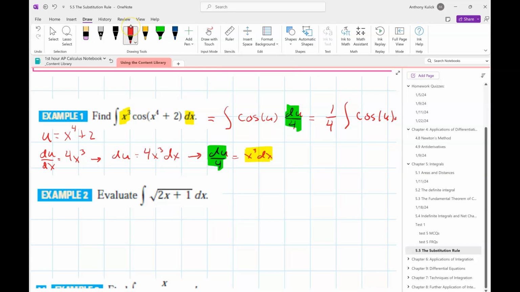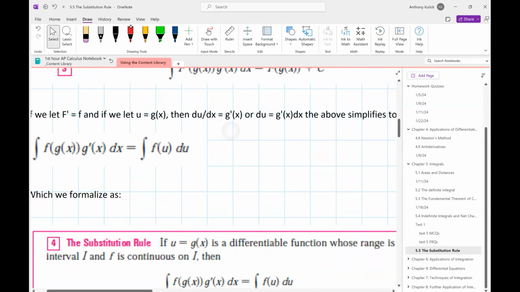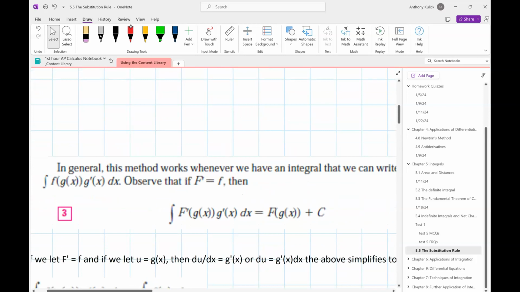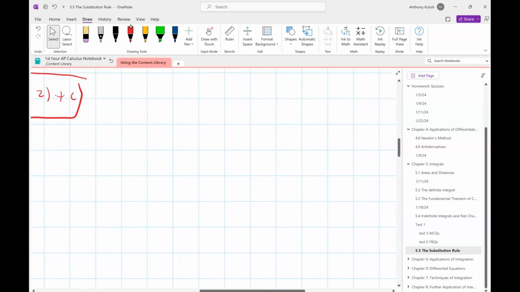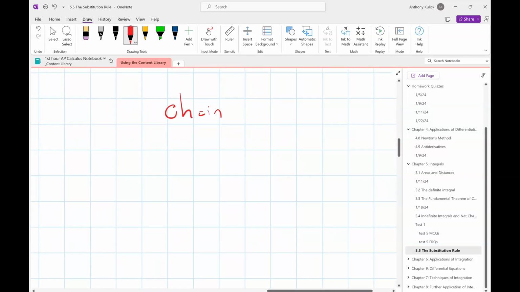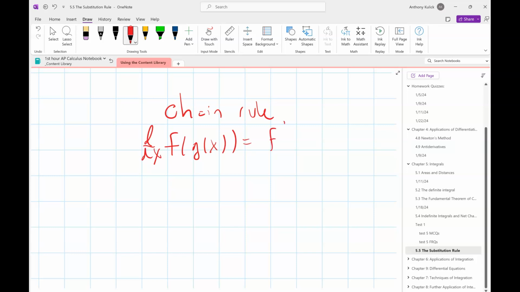Okay? So, Katie, I would say if we go back and look, let's just do it to the side. Remember the chain rule says that if I want the derivative of f composed g of x, that's the derivative of f of g of x times g prime of x, right?